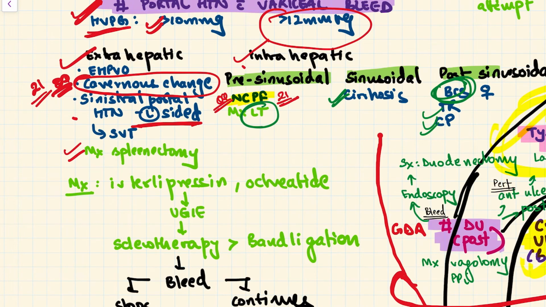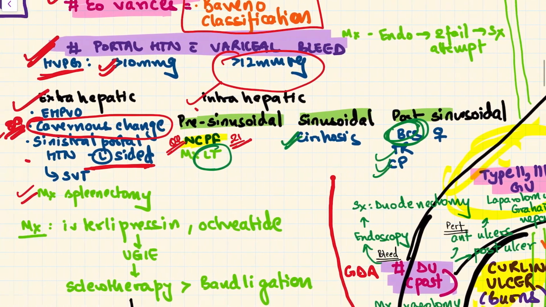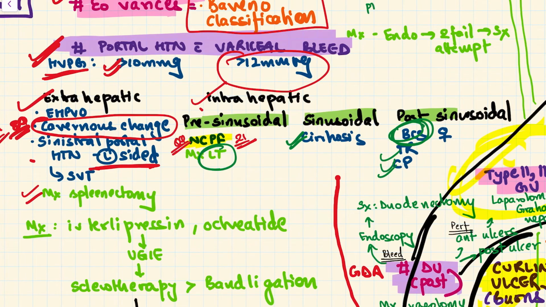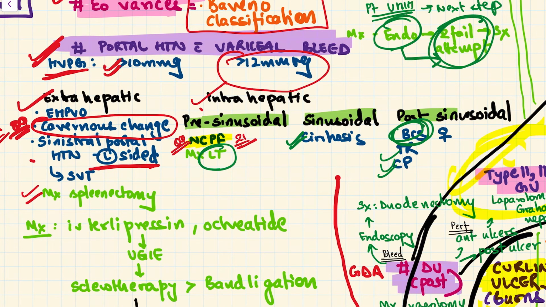Then how do we manage it, right? So first of all, if a patient comes with upper GI hemorrhage, then we do endoscopy, right? So they ask, what is the next step? So answer will be endoscopy. If endoscopy fails, then we will go for another attempt of endoscopy. Only after 2 failed attempts of endoscopy, then only surgery will be performed, right?